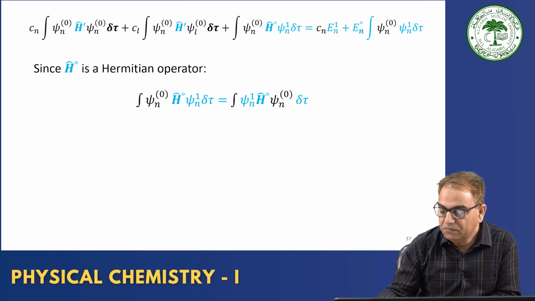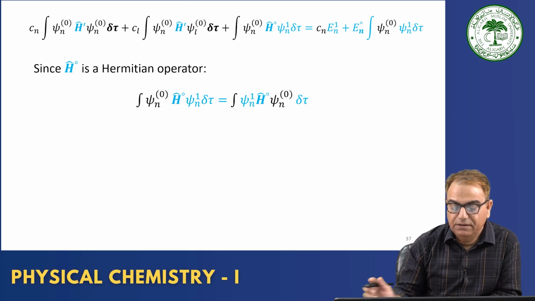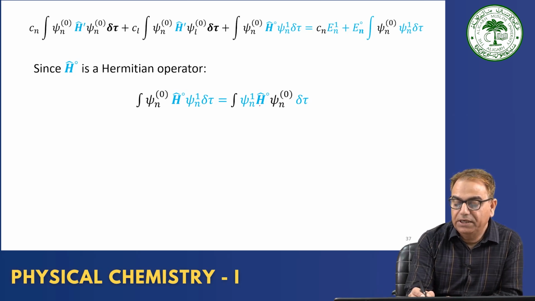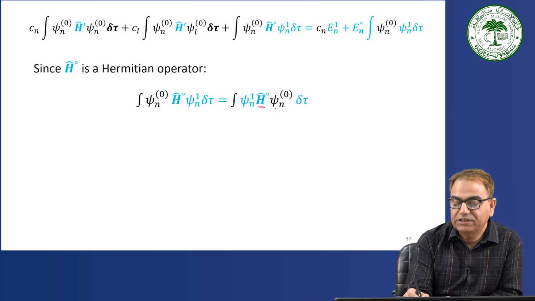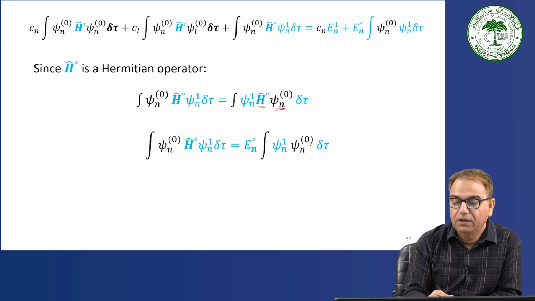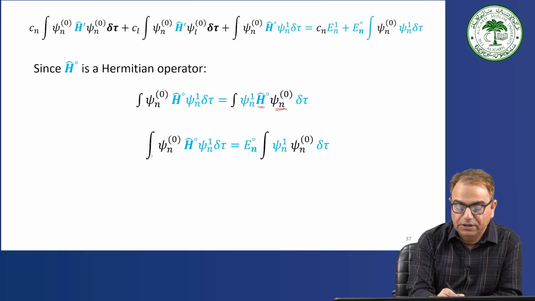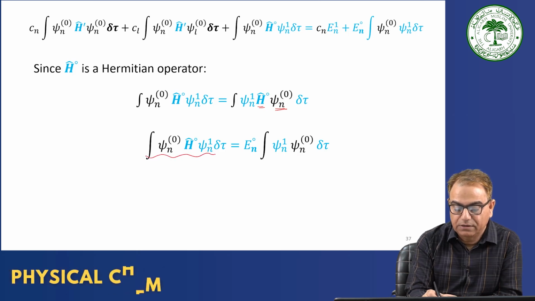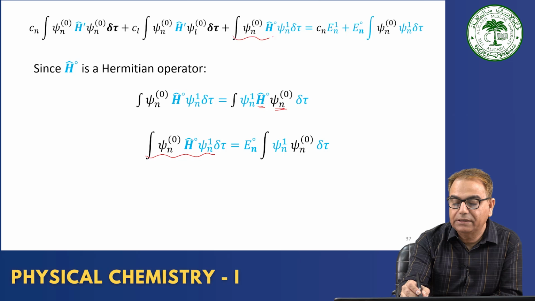So if you write this one, then you see here you are operating with a Hamiltonian on psi n naught. So what you can write? It's the Schrodinger wave equation. So it will be equal to En naught psi n naught, and then En naught you can bring outside, and then psi n1 psi n naught theta. And if you use this particular equation, psi n naught h prime psi n1 theta, then you look at this equation. This is the same integral as this one.